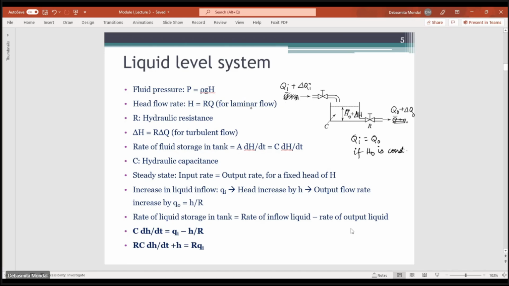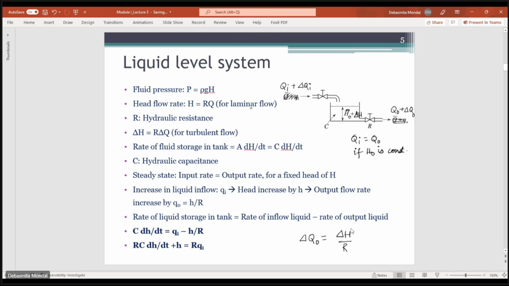Then you can write that the change in the outflowing liquid rate, delta Q0, will be given by delta H by R. Now the rate of change of liquid storage in the tank will be equal to the rate of inflowing liquid minus the rate of the outflowing liquid.